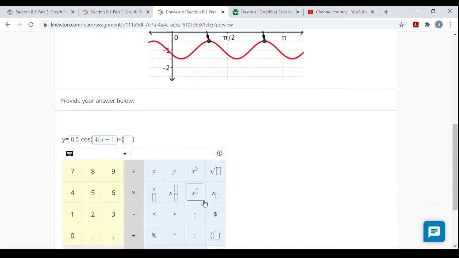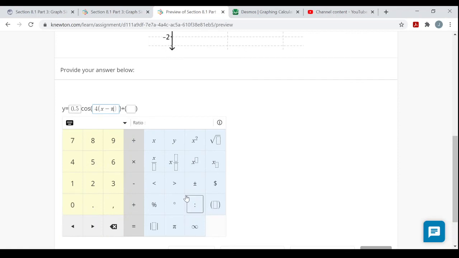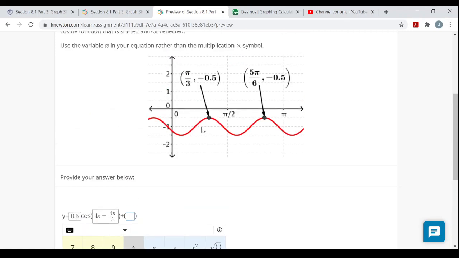So x minus π/3, and I close parentheses there. Now, really I should distribute the 4, and if I distribute the 4 to this x minus π/3, it'll be 4x minus 4π/3. So I'll do that. Let's get rid of the parentheses and make this 4π/3 and this 4x, right? So that's after distributing the 4. And then plus, where's the midline? The midline's at -1, so plus -1 at the end there, right?